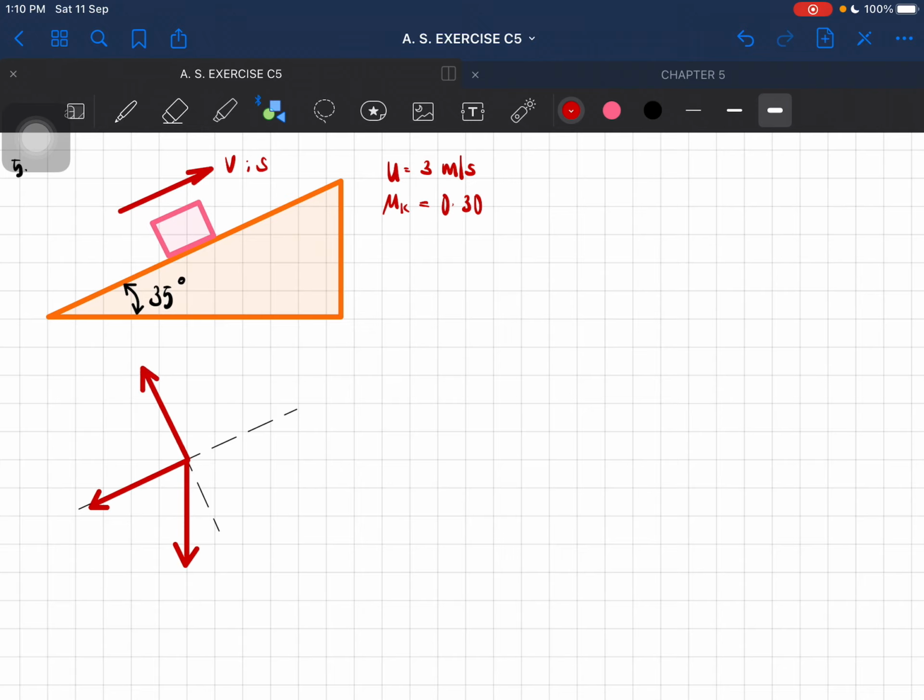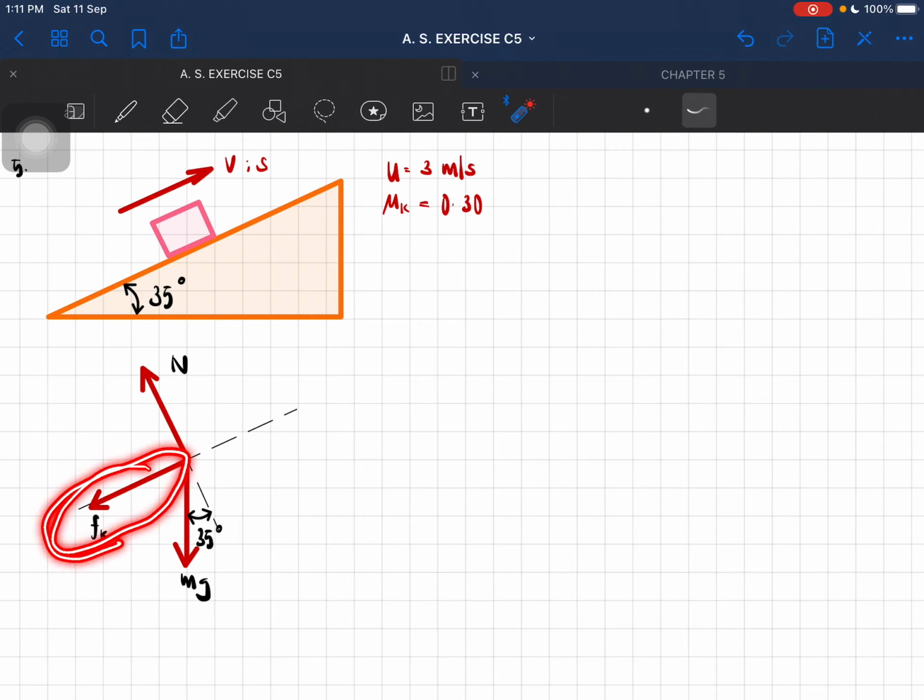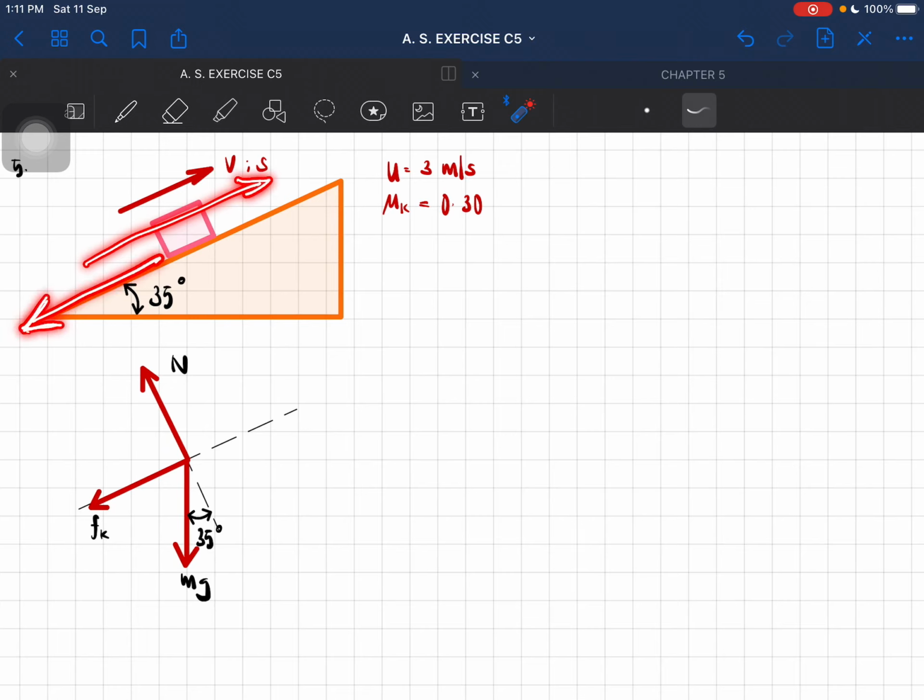Okay, so that is basically the forces being experienced by the block. So the angle is here, this is 35 degrees, this is mg, this is the friction, this is the normal force. Okay, so why is the friction pointing here? Because this is moving up, so friction is opposing the motion, so it must be in the opposite direction.